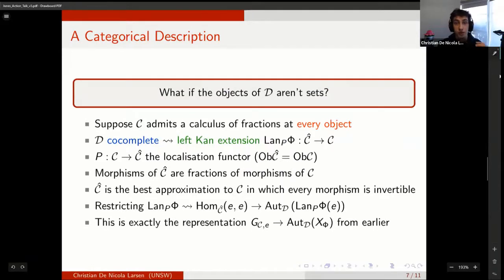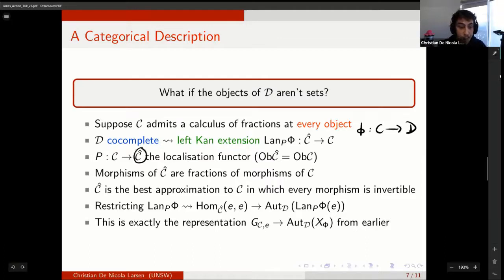Okay, so what if the objects of D aren't sets? So maybe we want to give a more general or categorical description of what's happening. So we can actually do this in the case where we have a calculus of fractions at every single object, not just one. So remember we have our functor phi coming from C to D. If our category D is co-complete, then we can actually form what's called the left Kan extension of our functor phi along this functor P called the localization functor here.